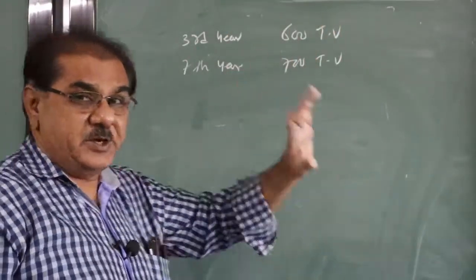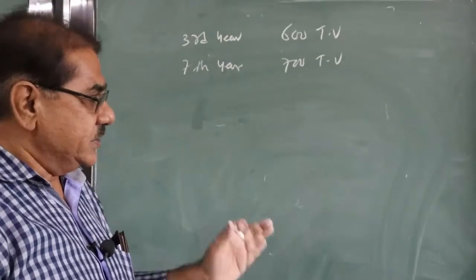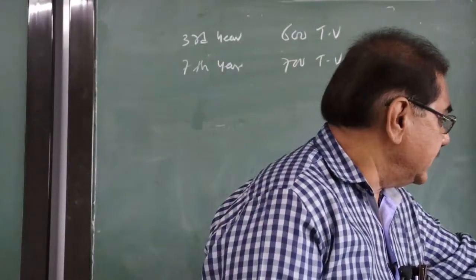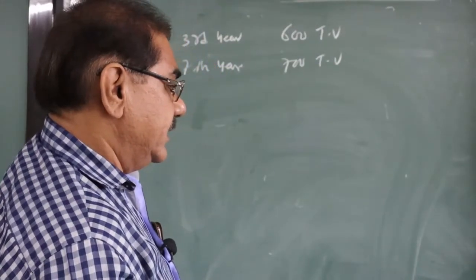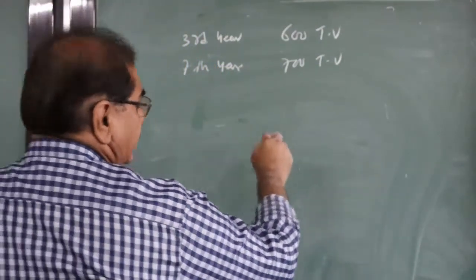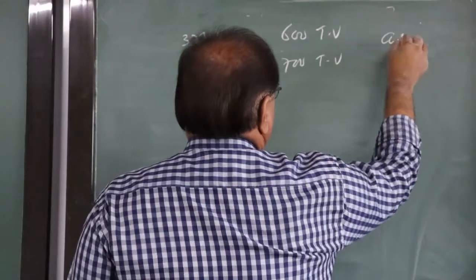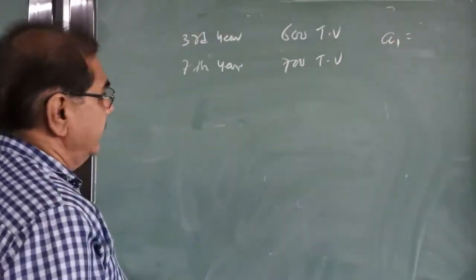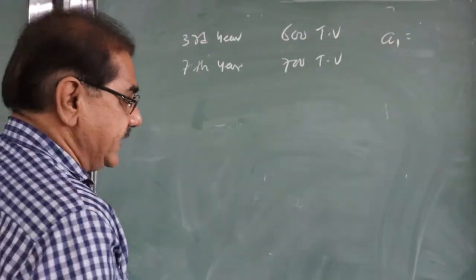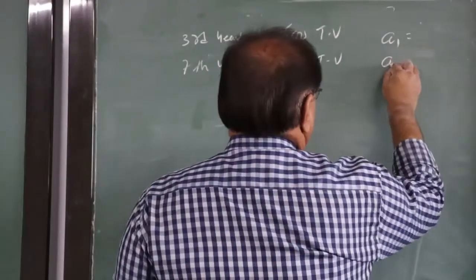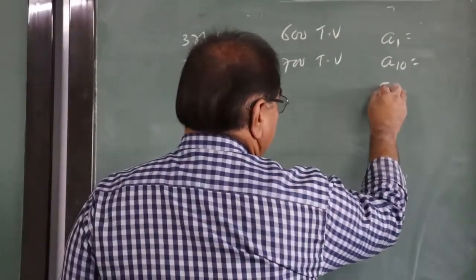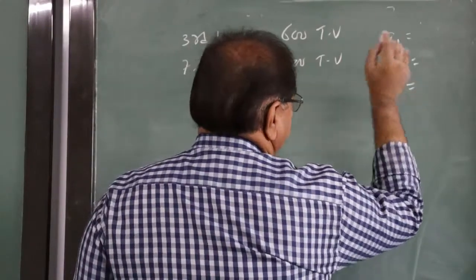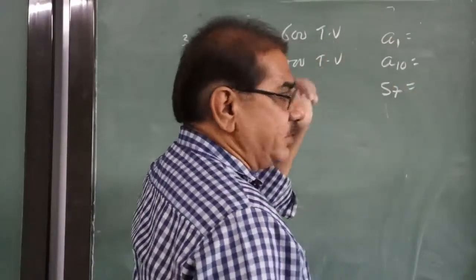And the production is uniform for every year. You have to find, first of all, the production in the first year, that is A, the production at the end of 10 years, and the total production of the first 7 years. These three answers you have to find.